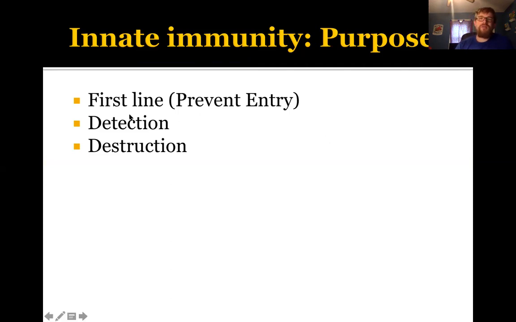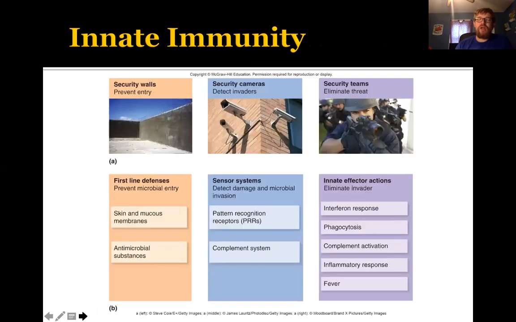But again, the innate immune system purpose, right? First line, hopefully nothing enters. Inevitably something will, and so once it enters, we have to be able to detect it. Once we detect it, we have to be able to destroy it, right? So that's the purpose of the innate immune system. You will see here as we go on, this third point, this destruction point, is where the adaptive immune system is going to play a major role down the road.